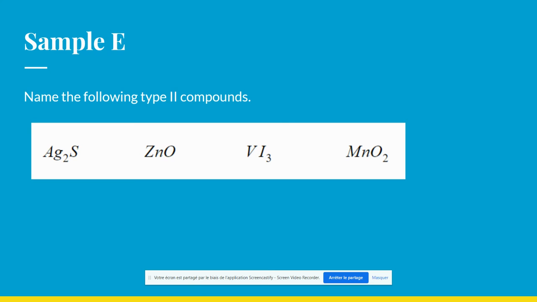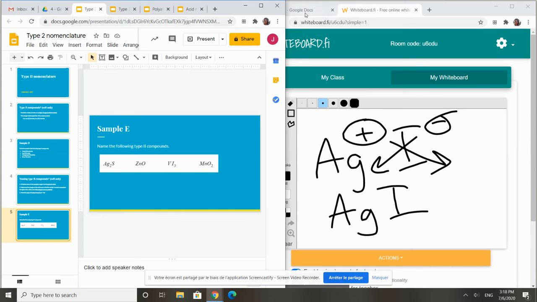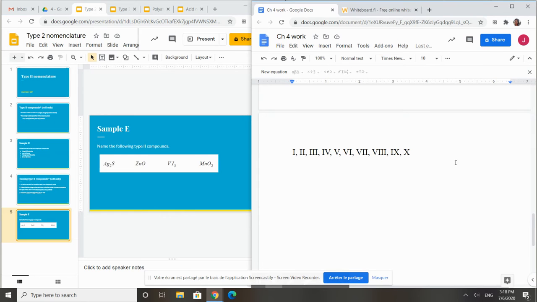Okay. I'm going to show you sort of like a trick to help you figure these out. You don't necessarily have to use it. For the first one, I know it's going to be silver something sulfide. So I just write that out first, and I give myself a little bit of room to fill in a Roman numeral after the fact.